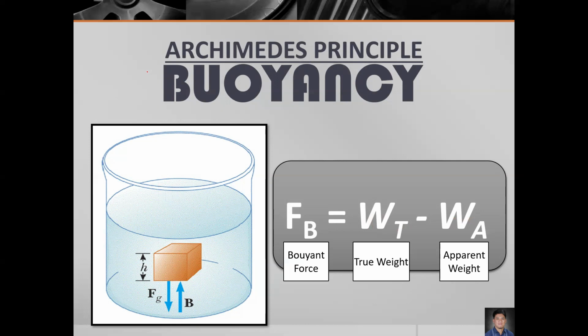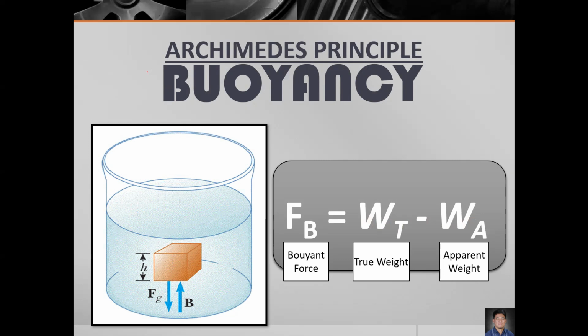So the buoyant force is equal to the true weight subtracted by the apparent weight. Using those two equations, you can choose which of these two equations is appropriate to use in identifying the buoyant force of the water.